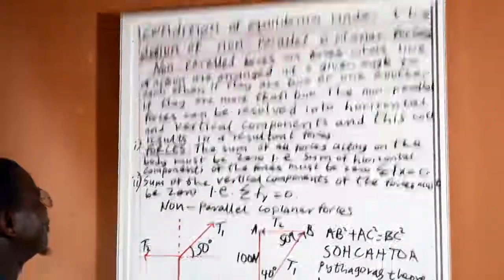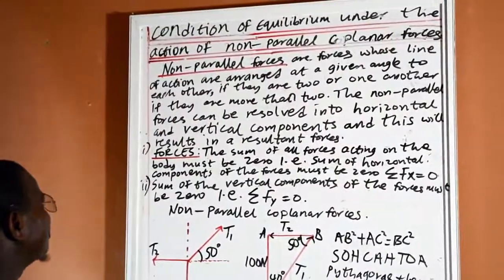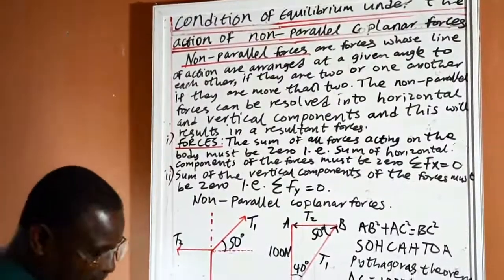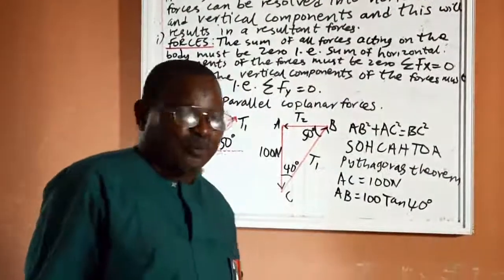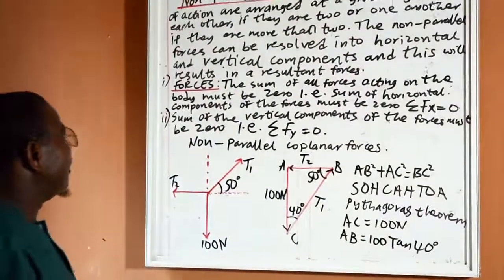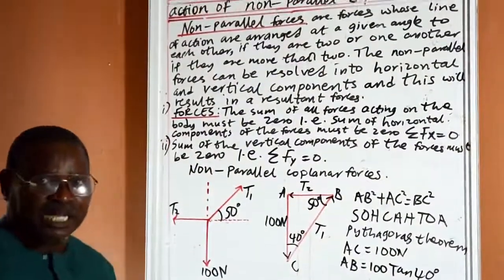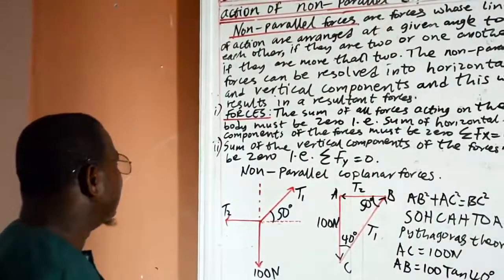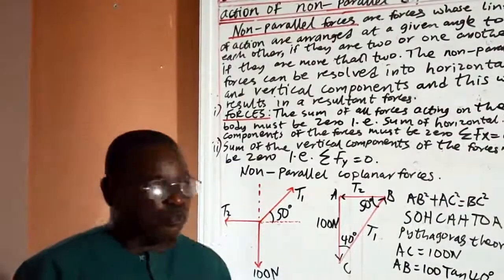Condition of equilibrium under the action of non-parallel coplanar forces. Non-parallel coplanar forces are forces whose lines of action are arranged at a given angle to one another, if they are more than two.